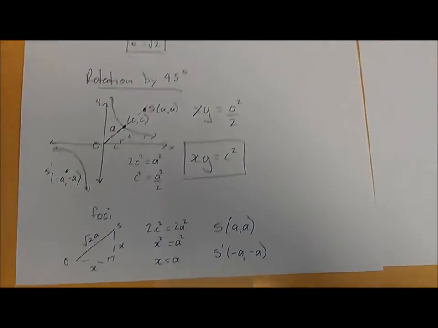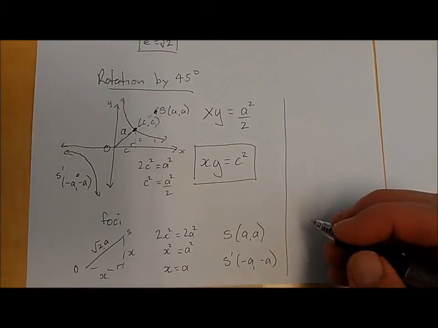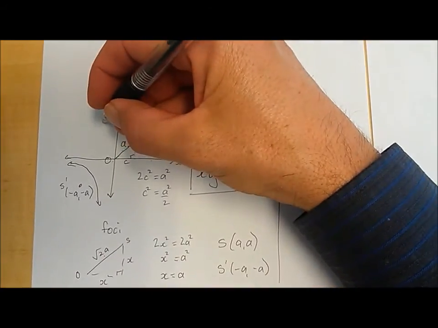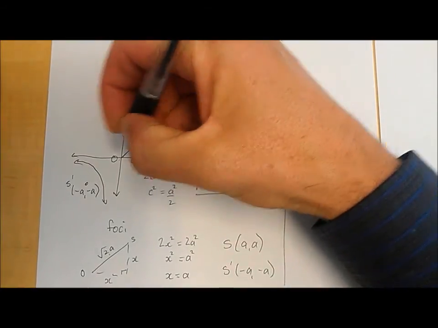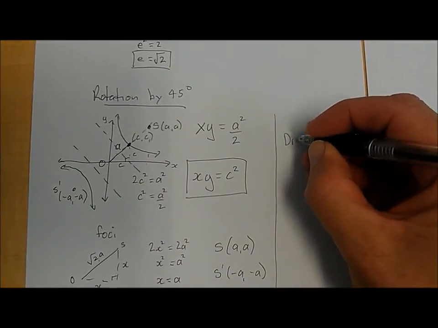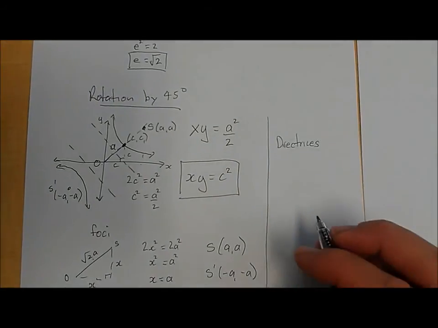Finally then the directrices, and again I went through them today in class. In the interest of saving time in this video, I'm not going to go through them, but the directrices here and here have also been rotated by 45 degrees.